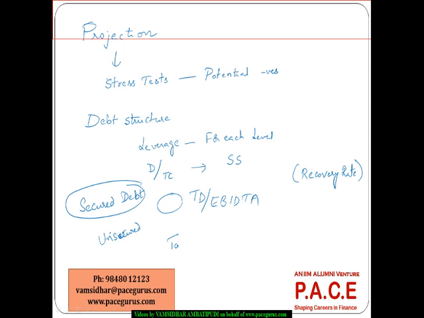So those kind of firms are typically classified as top heavy, and they cannot borrow new debt in case of financial distress.